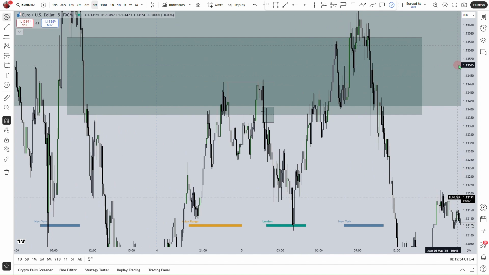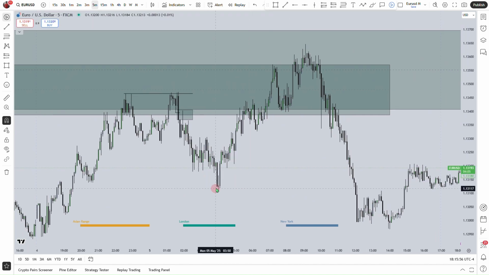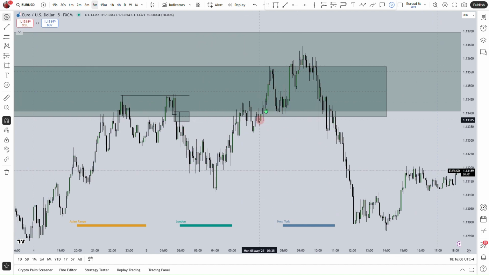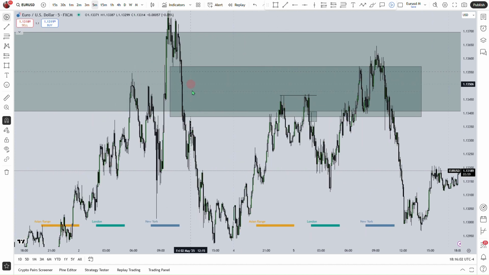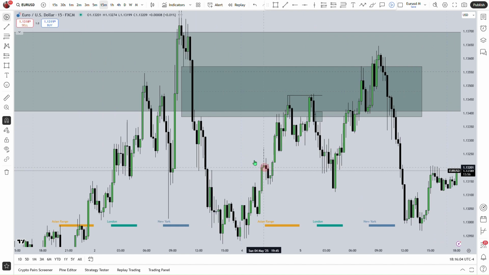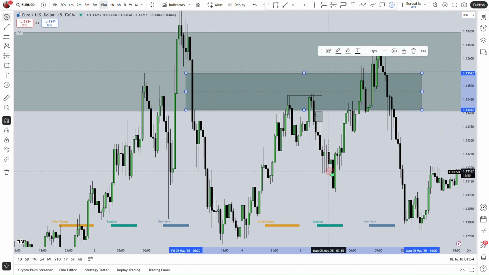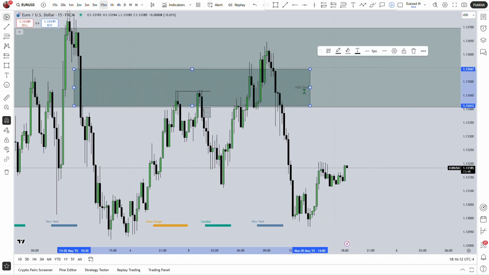And then again forming a low in London, price started moving towards the upside, filled this FVG, 1 hour FVG, which was also on 15-minute. See, 15-minute also had the same FVG. M15.